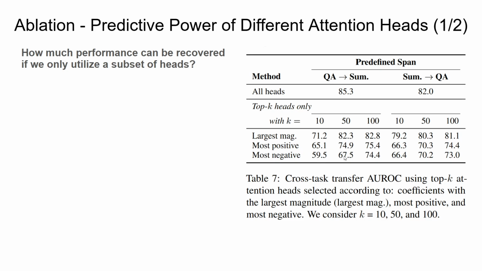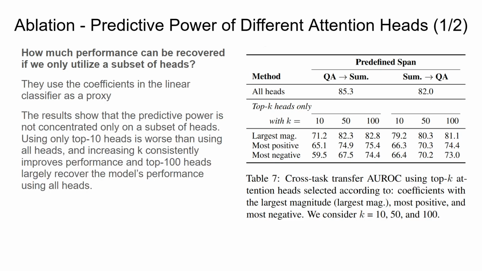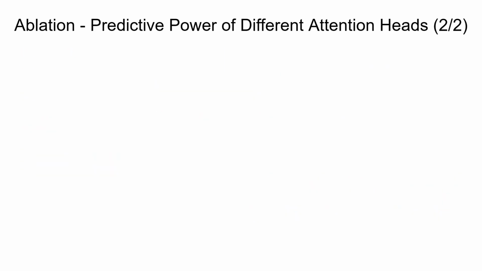If you look at the most negative, it performs much worse. So you seem to need to use both the top positive and top negative, or both the positively and negatively correlated attention heads, for getting a good prediction on whether something is being hallucinated or not.